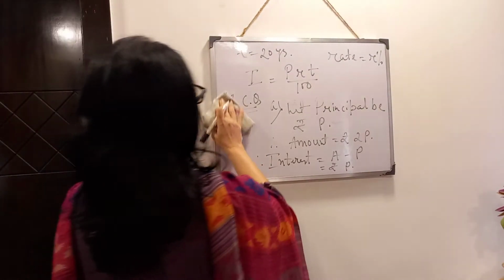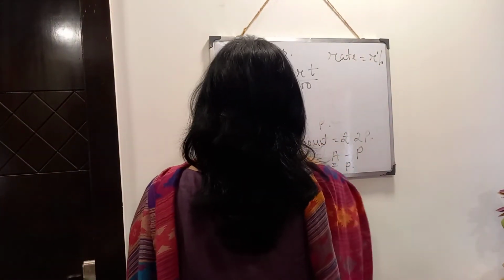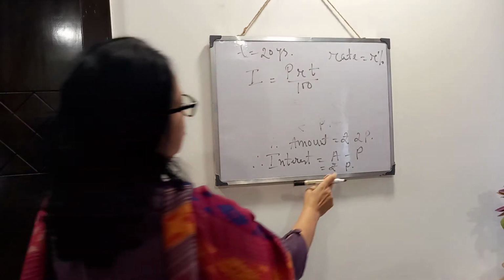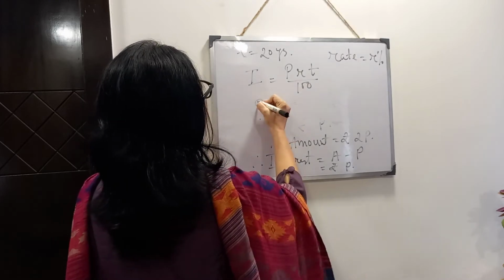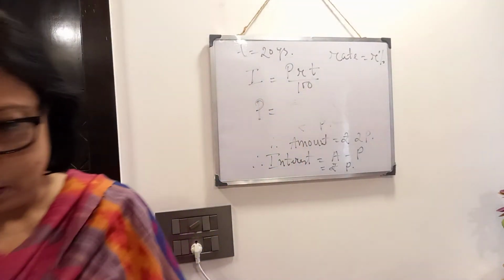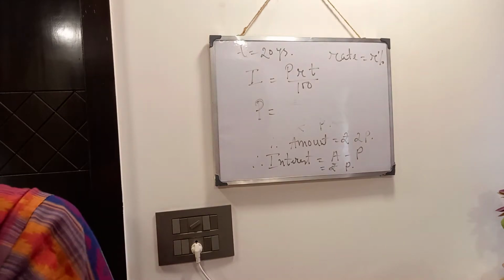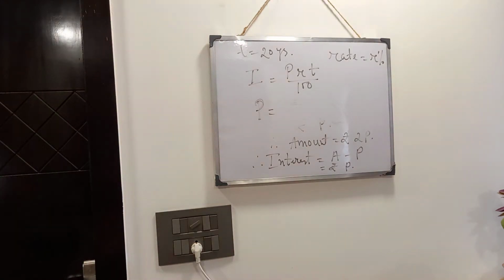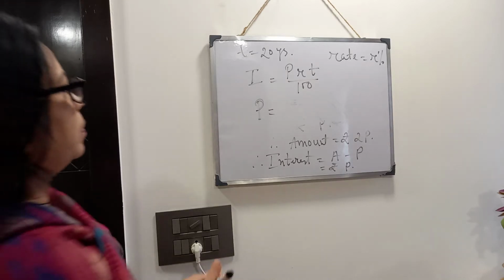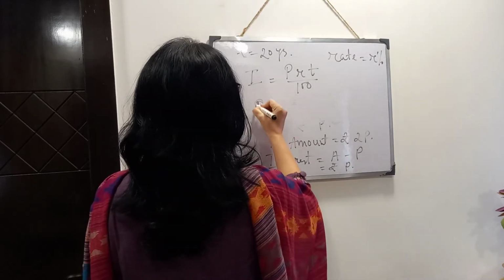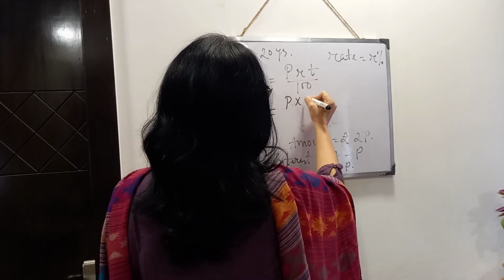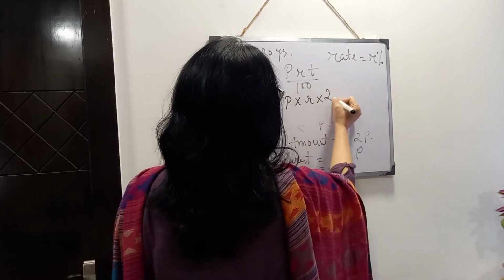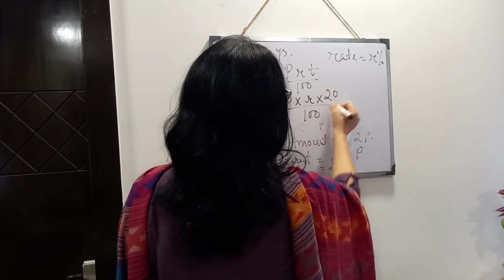Now I means P, P equals to P, R not given, T given 20, by 100.